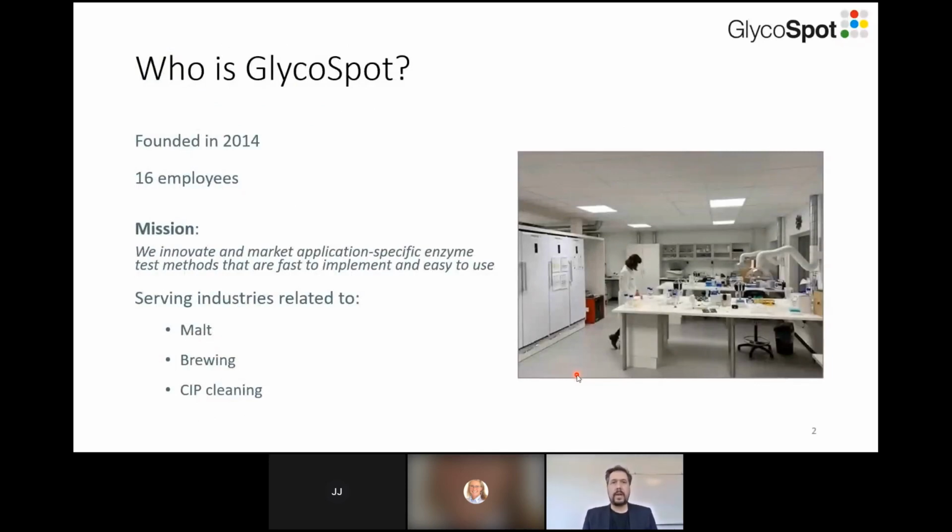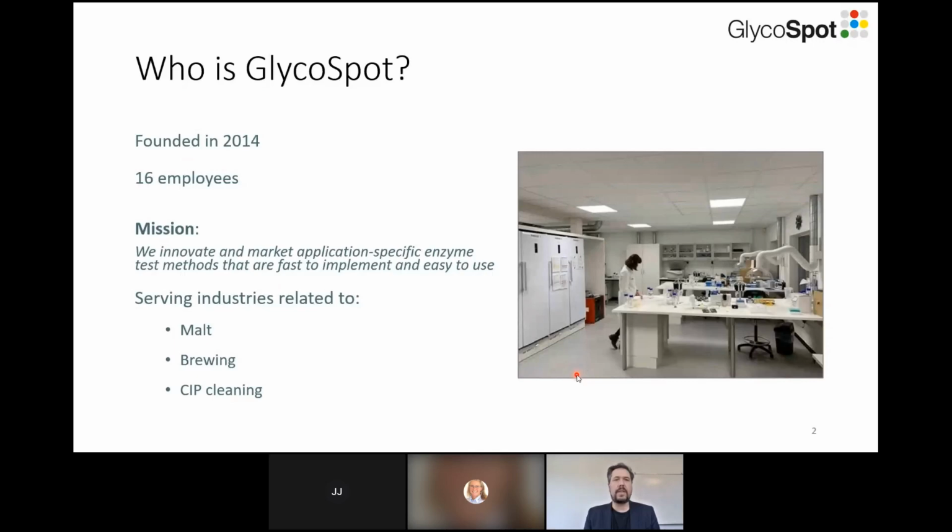We are a biotechnology company and a device company outside of Copenhagen, Denmark. We were founded in 2014 and currently have 16 employees. Our mission is based around enzyme assays.